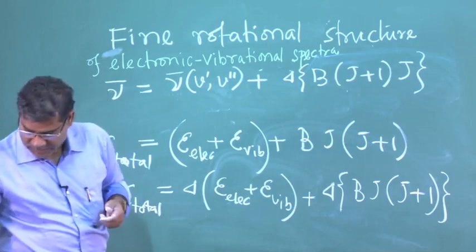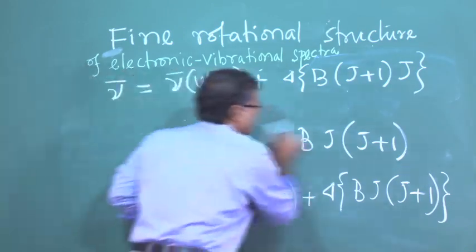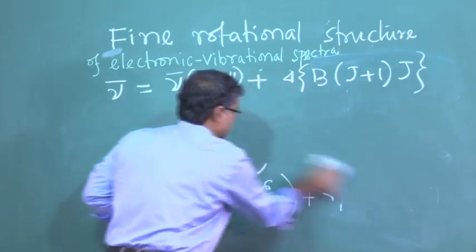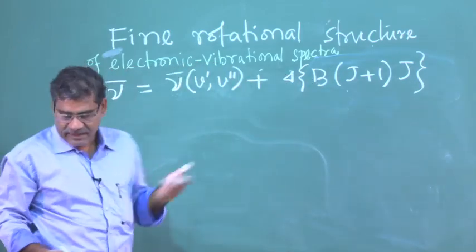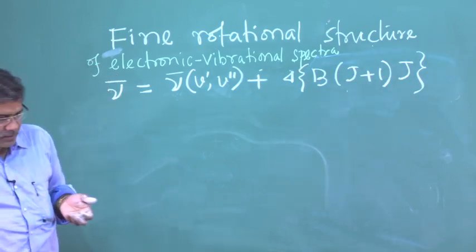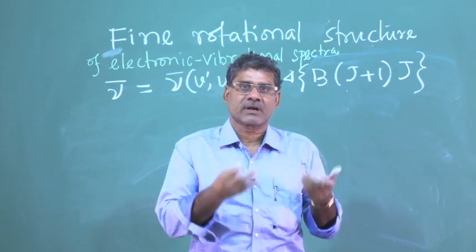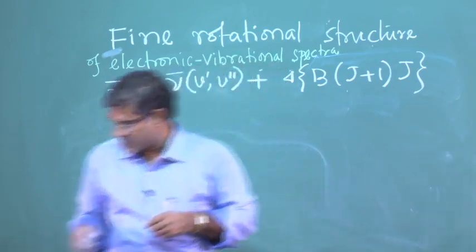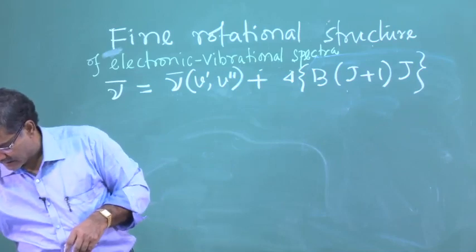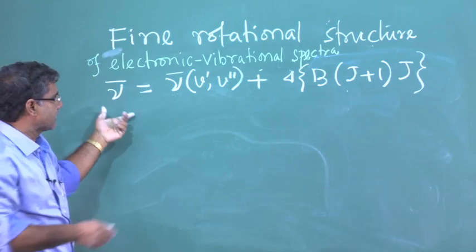Okay. So, here we have to set the selection rule. It is slightly different from the pure rotation spectra, so it's slightly different from that in the electronic case.